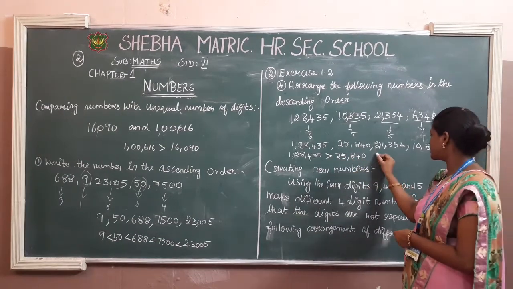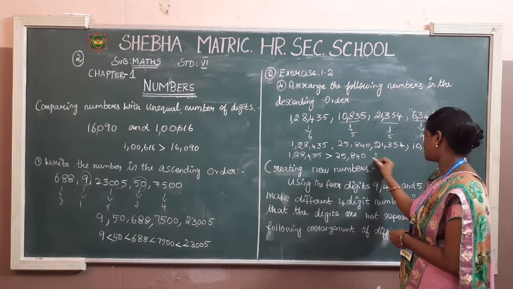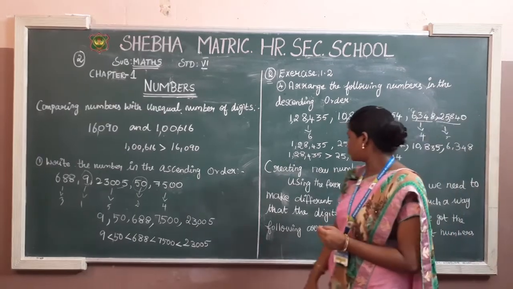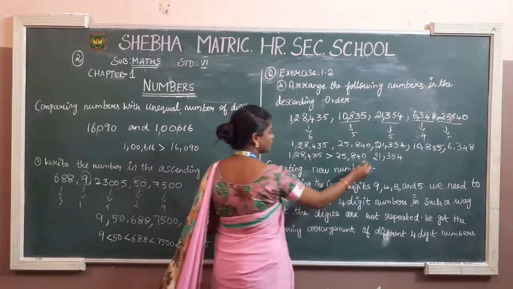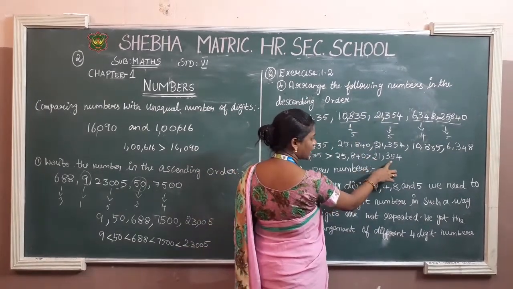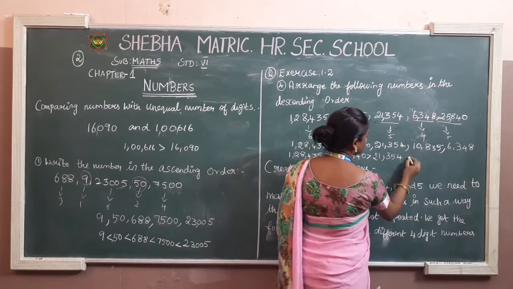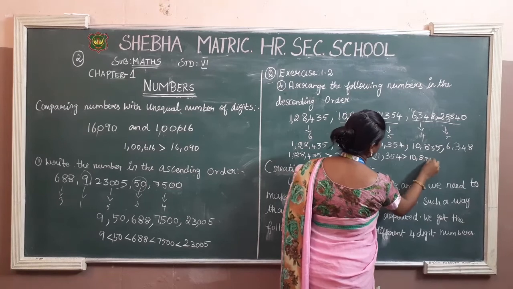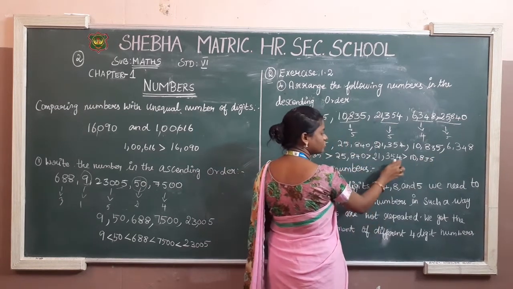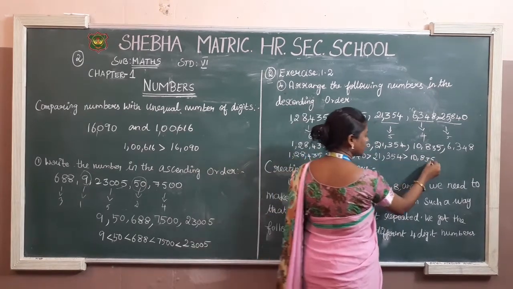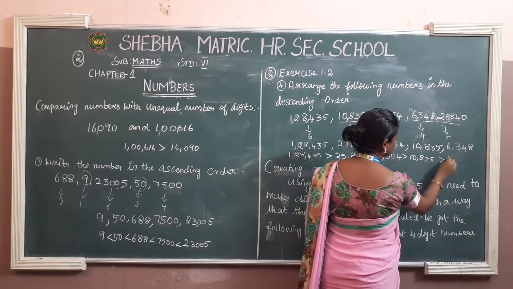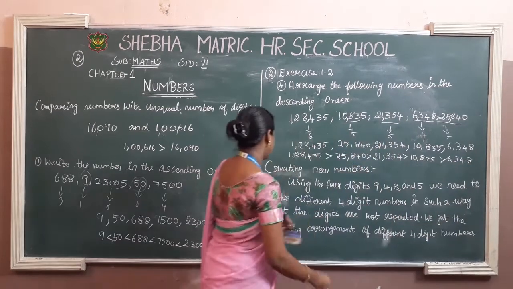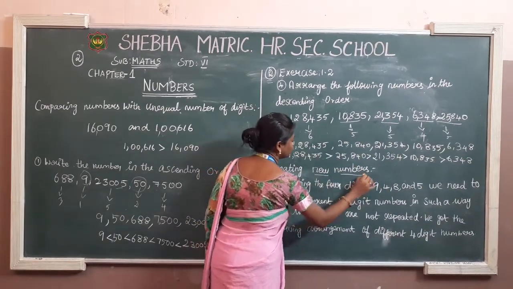Then the next number is 21,354. So 25,840 is greater than 21,354, and 21,354 is greater than 10,835, which is greater than 6,348.